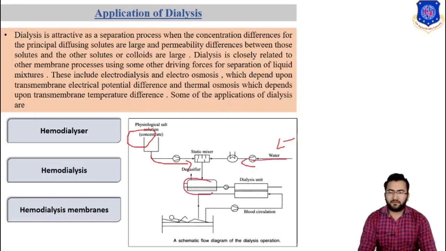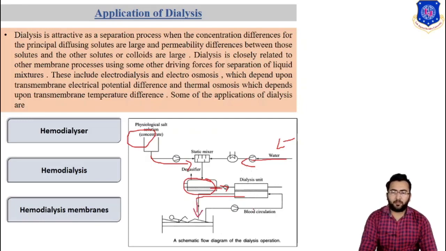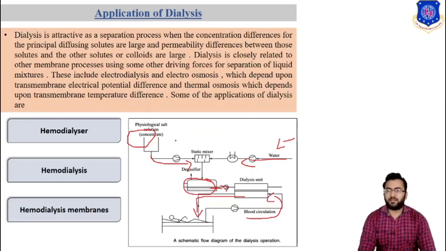Then the degasifier, where degasification occurs, then it passes to the dialysis unit, where due to the concentration difference, separation occurs, and we get the useful compound from the separation and reject the rest and use it for blood circulation again. So this is how the dialyzer is used.